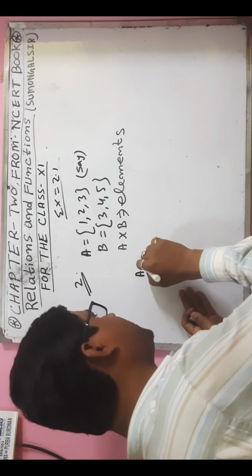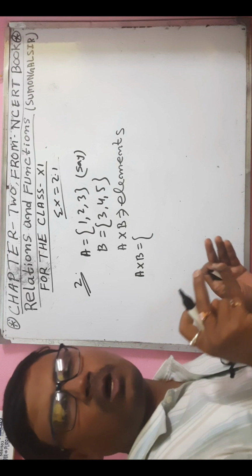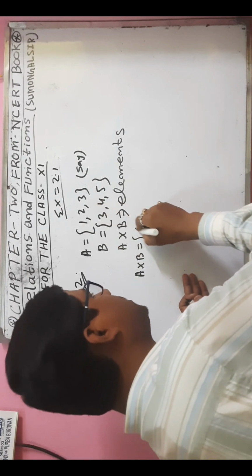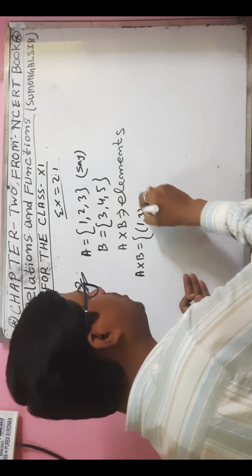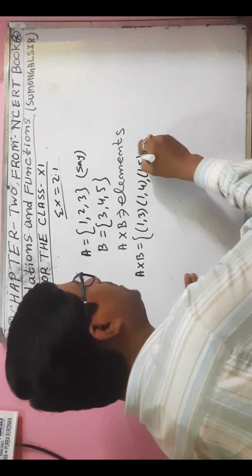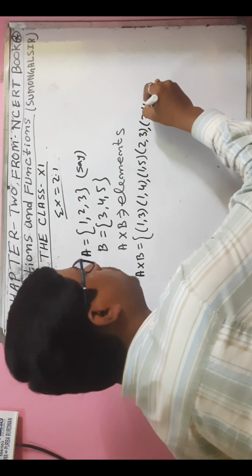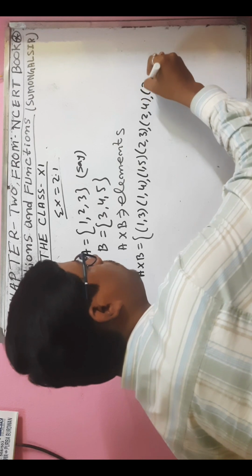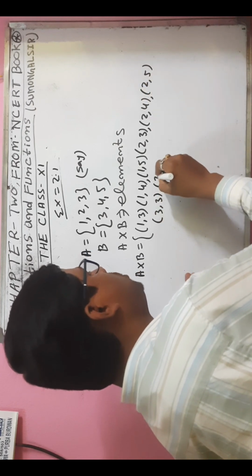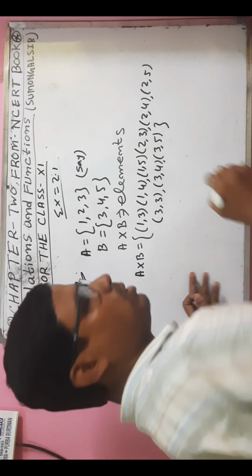Now we know that A cross B means the relation from the first set, the A set, to the B set. Now taking the relation: (1,3), (1,4), (1,5), (2,3), (2,4), (2,5), (3,3), (3,4), (3,5), all of this.